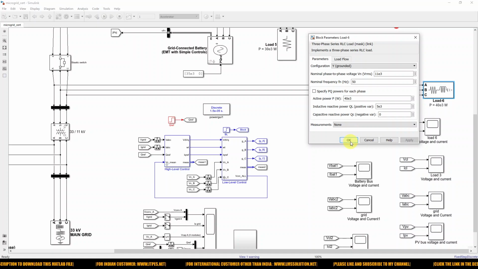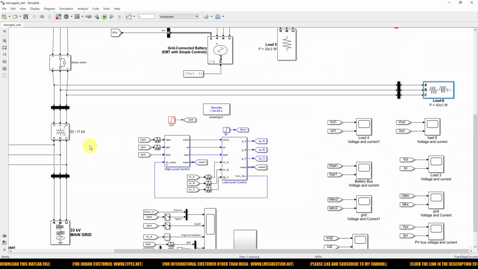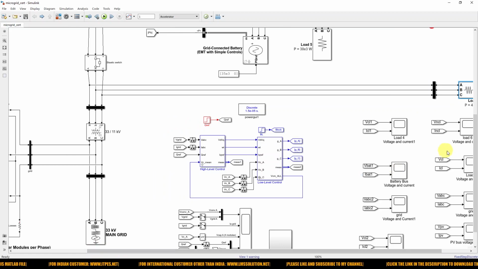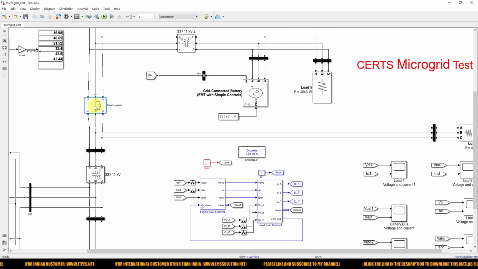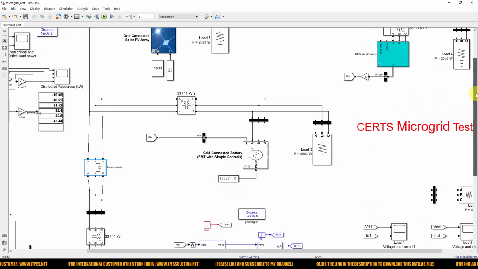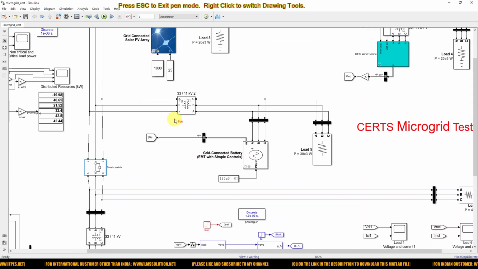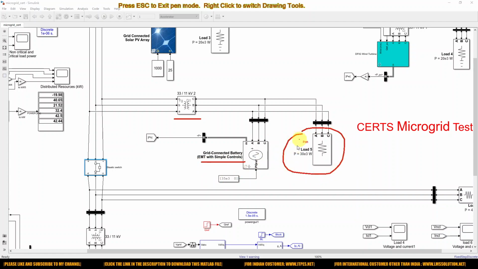Next, here we are using a static switch, and you can see we have another transformer. 11 kilovolt is stepped up to 33 kilovolt here, and it is connected via a grid connected battery system, and also we have some load.